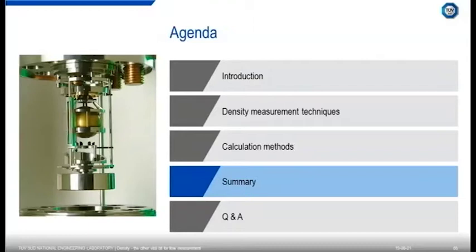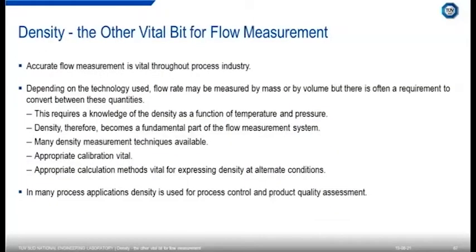Okay, so let's just summarize what we've looked at. Hopefully, I've demonstrated the importance of density for flow measurement, justifying my title of density being the other vital bit for flow measurement. Flow measurement is vital throughout process industry, and that measurement has to be accurate.